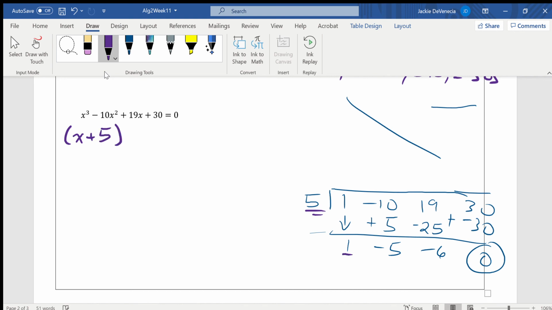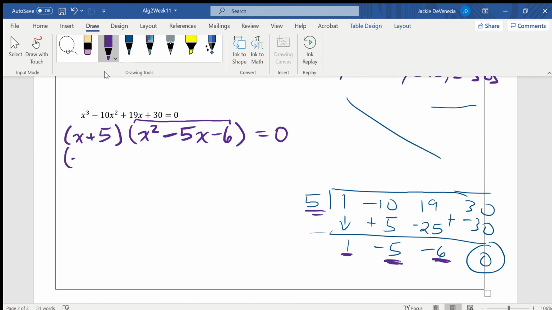Now I'm going to use these numbers as the coefficients of the other factored equation. I'm going to start with x squared. I would put the 1 there, but it's the same as just writing plain x squared minus 5x minus 6. So I see how I used up these coefficients into the second part, right over here.